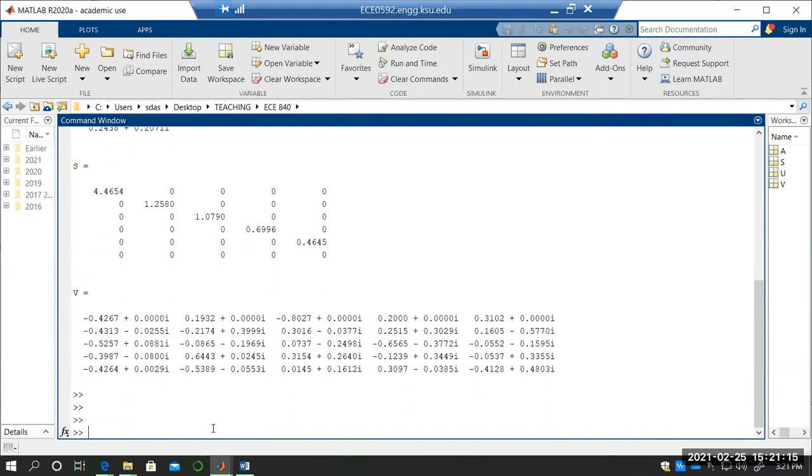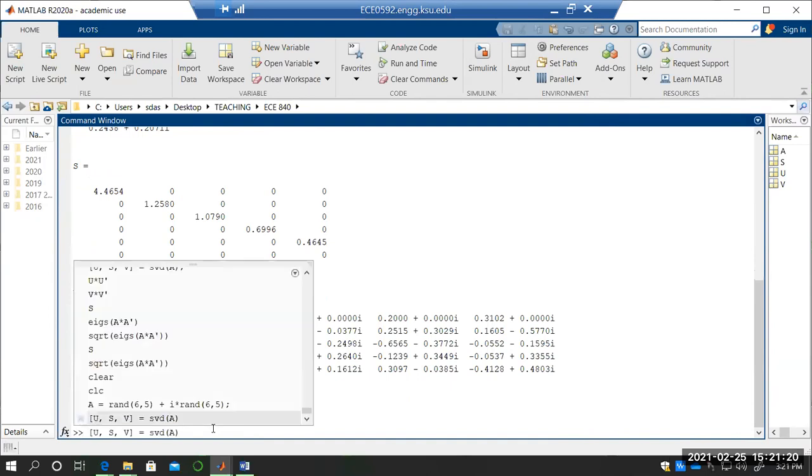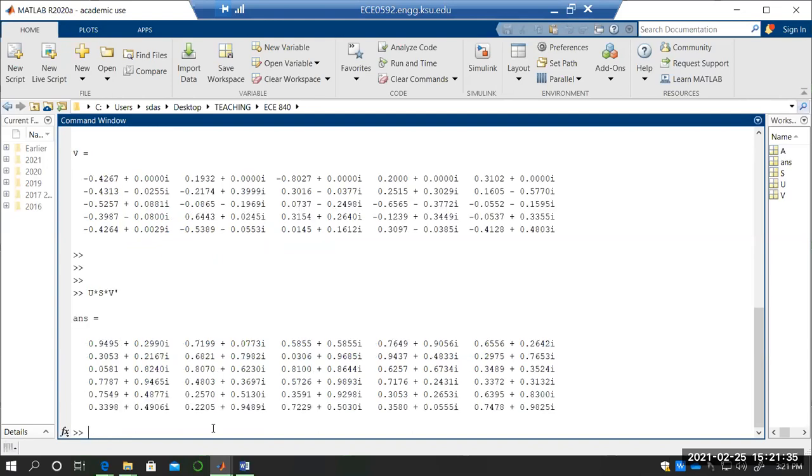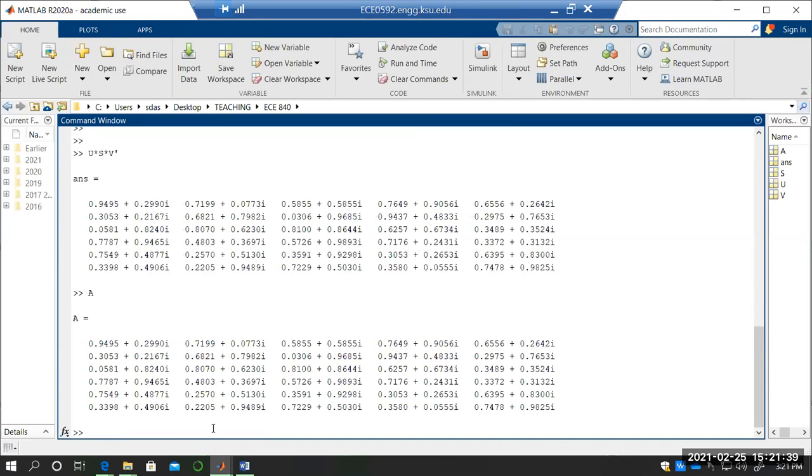Now this is my U S V. So U times S times V transpose would be equal to A, right? And compare it with A. I'm getting exactly the same, right? So U sigma V transpose is equal to A.